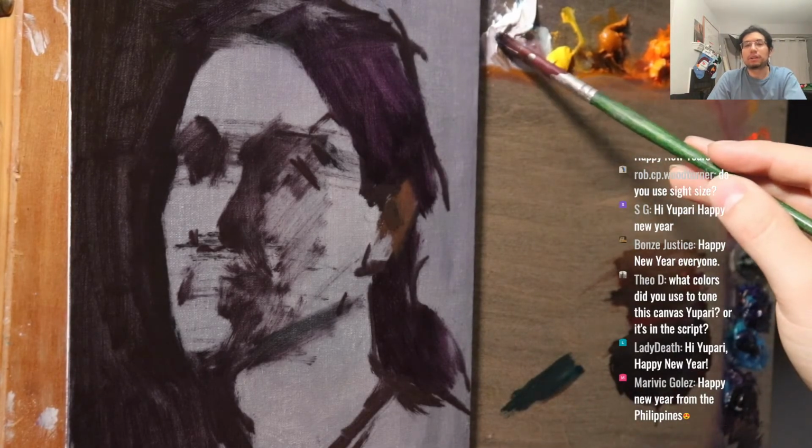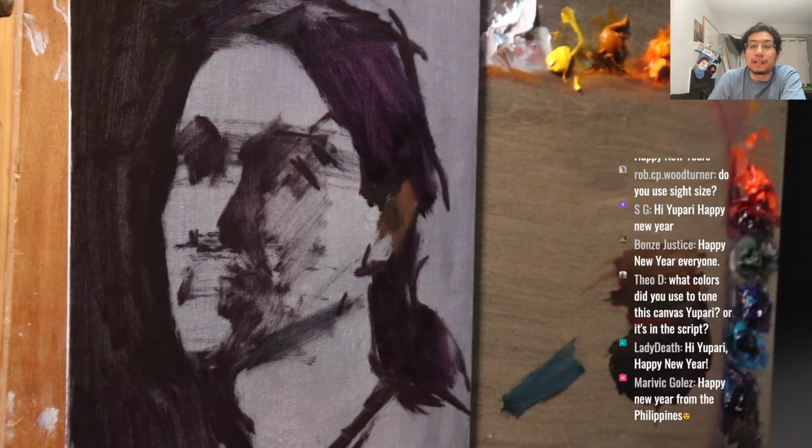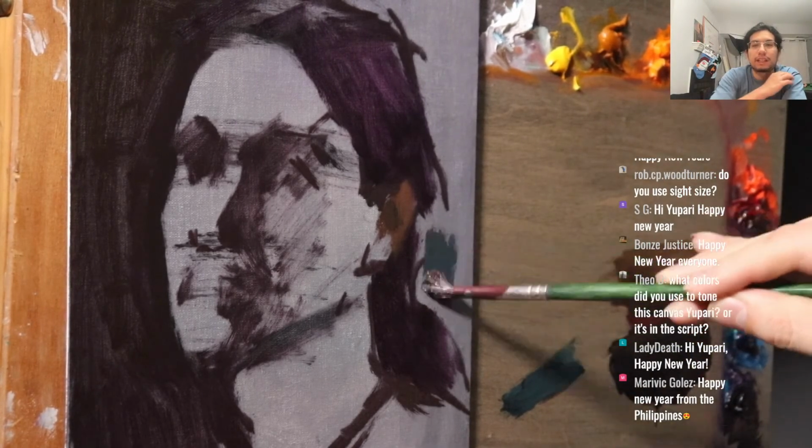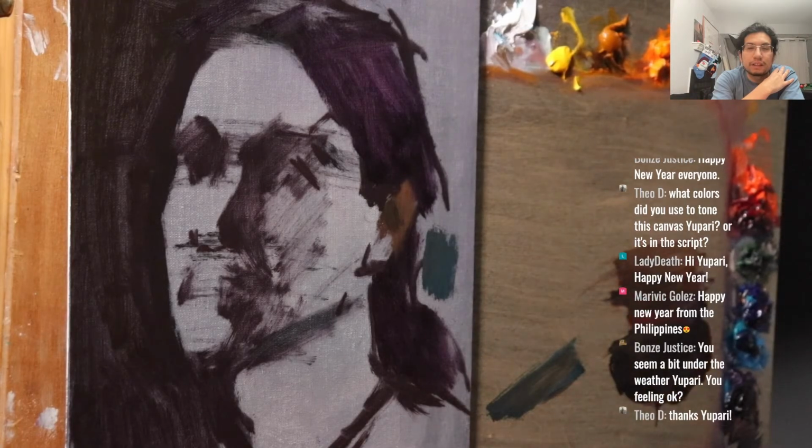The Alkyd is the Paul Rubens brand that was sent to me for a video review a long time ago. The Alkyd just helps it dry faster, and the toner is a fast dryer anyway. So that tone was there for probably months now, so it was thoroughly dry before I worked on it. And I do recommend that you work on a neutral gray.